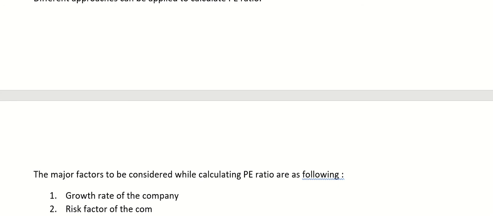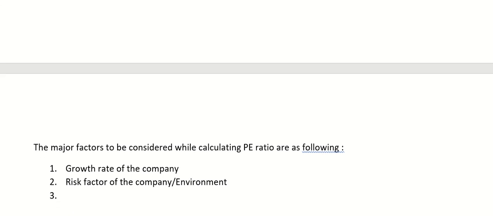So the first factor to be considered is growth rate of the company, then risk factor of the company or the environment also, right? Then these two things are very very important when we try to understand the PE ratio. On the basis of these two factors, you basically try to understand what should be the earning of the share, right? Then the higher the expected growth rate, the lower the risk.